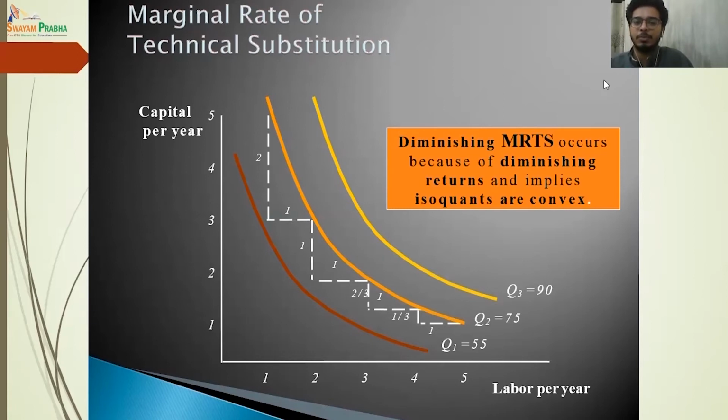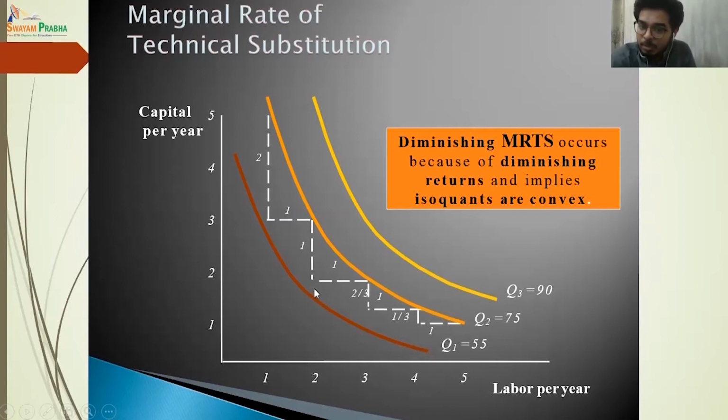So initially we had 5 capital and 1 labor, and now if we are moving from this point to this point, if I recruit 1 extra unit of labor, how much capital am I sacrificing? 3 units, 2 units. So when I am recruiting 1 extra labor, I am sacrificing 2 units of capital.